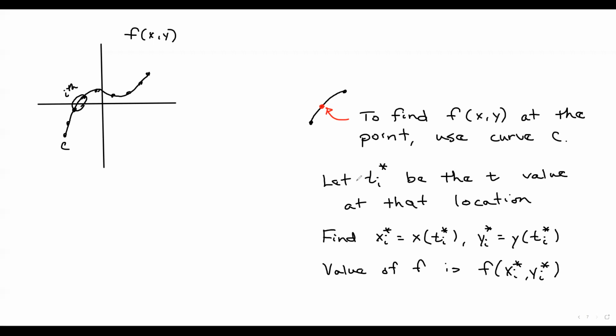If this seems complicated, this is the way it works: you start off with a t value, use the t value to find xy, and use the xy to find f. So once we've got f, we have a value for this interval.